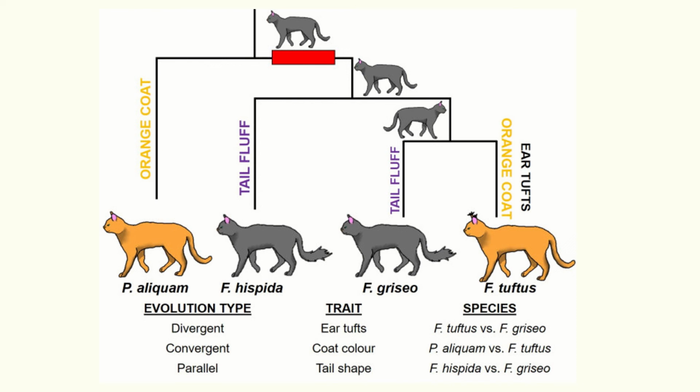And then later on, we have F. tuftus also evolving this orange coat color. And then you have parallel evolution occurring between F. hispida and F. griseo. So they branched off from a common ancestor a little while ago, splitting based on their tail fluff, and then they've evolved those traits similarly over time.